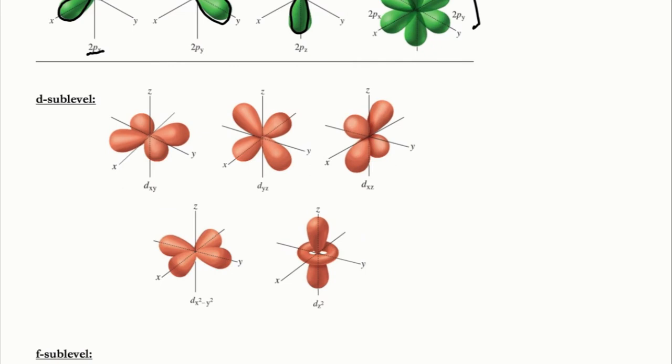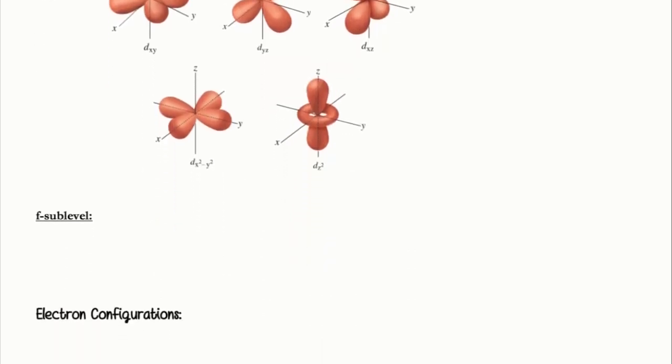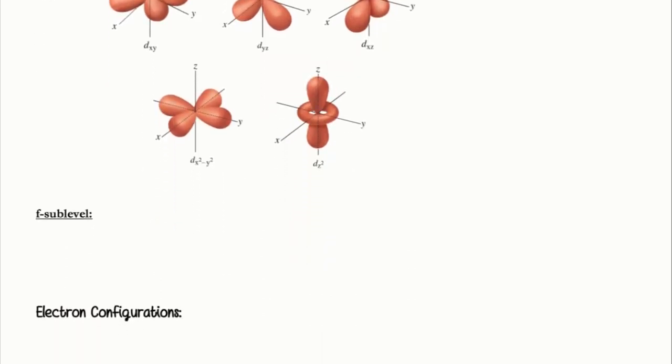They're very unique looking shapes, but they're 5 different orbitals, so the d sublevel has 5 orbitals. And then we even get to f, but we're not going to draw it because it's just too crazy. There are 7 different configurations for the f sublevel.